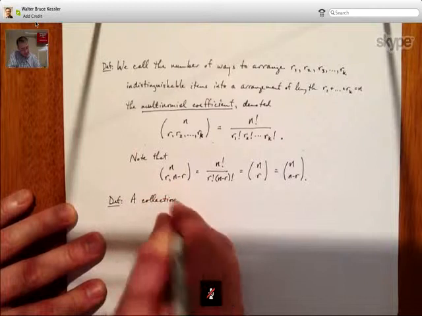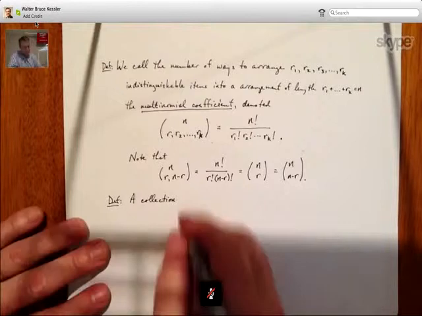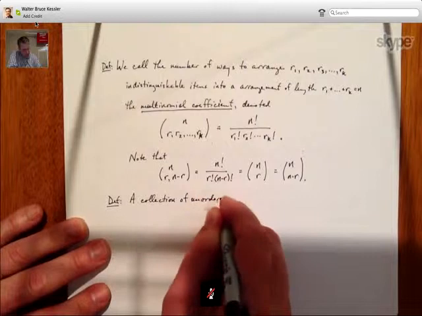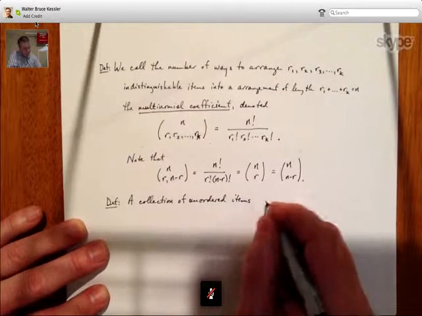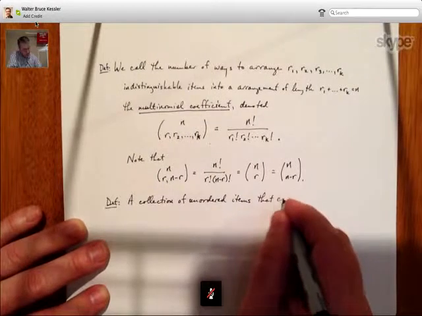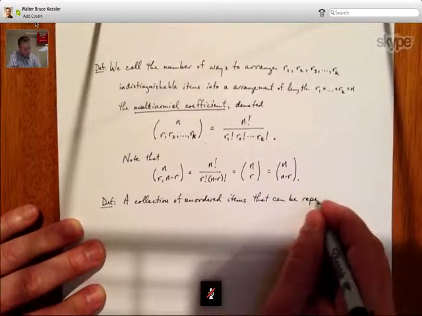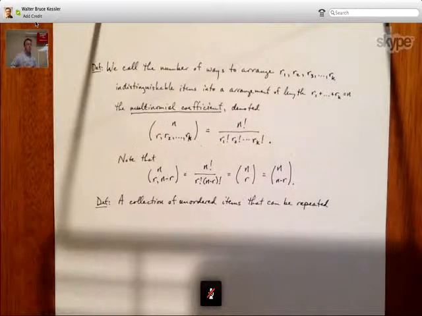A collection, so by collection I'm throwing out order. Okay, we just got a bunch of unordered items that can be repeated. Now in the past when we've dealt with unordered items, we were doing combinations, and with combinations you can't repeat things, right?